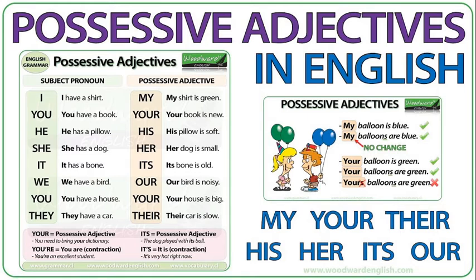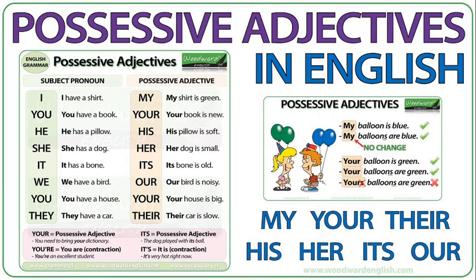Next, possessives. These possessives are also called determiners: my, your, his, her, its, our, your, their. I, you, he, she, it, we, you, they are subject pronouns.